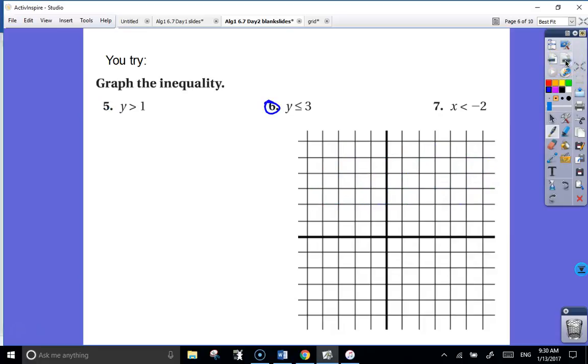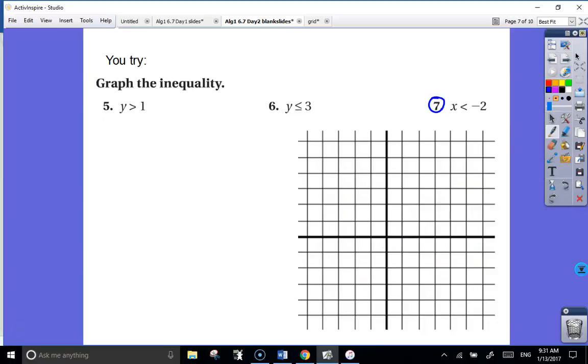About y less than or equal to 3? Horizontal or vertical? Horizontal. Solid or dashed? Solid because of the or equal to. So let me draw my line. I'm just going to hand draw it. Above or below? It says less than, so it's below. Okay. Last one. X is less than negative 2. Horizontal or vertical? Vertical, right?